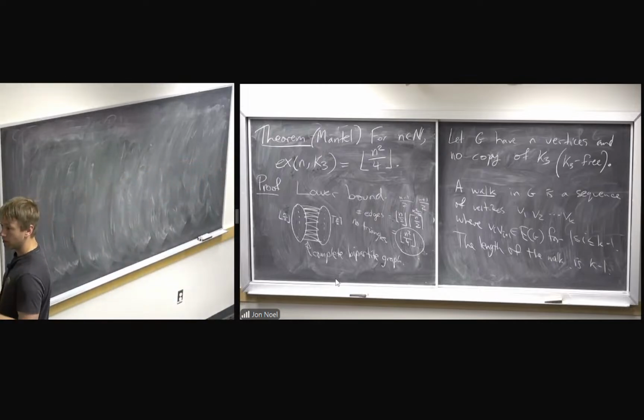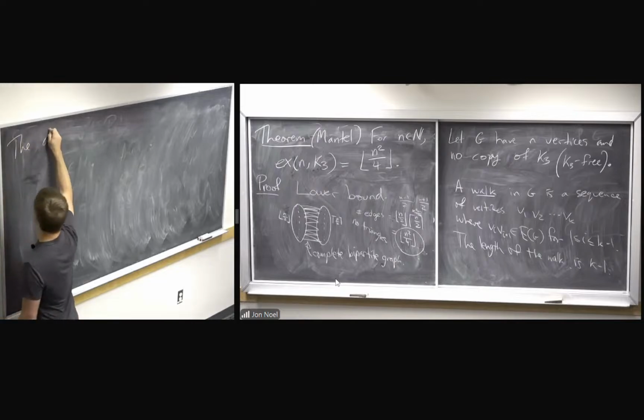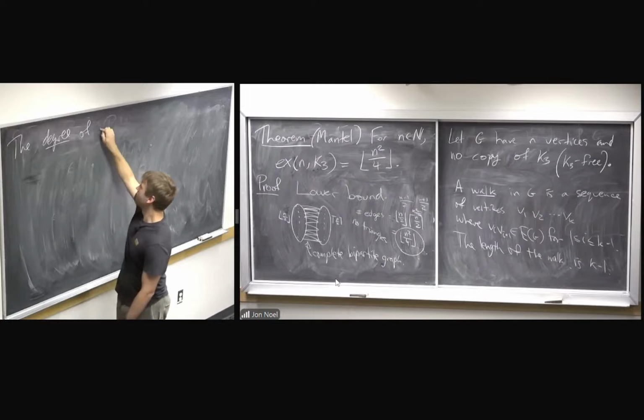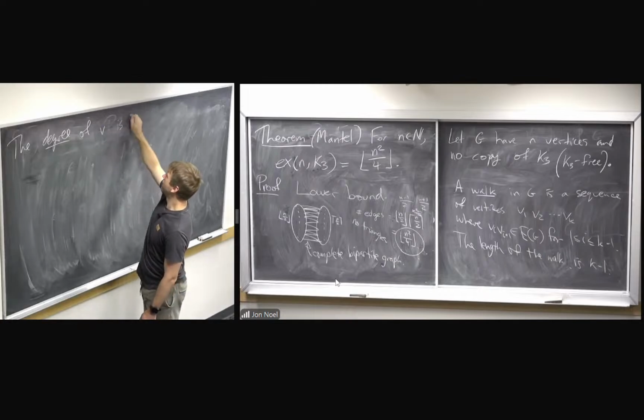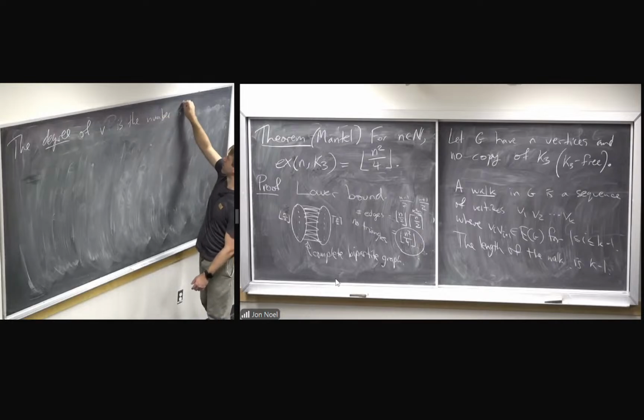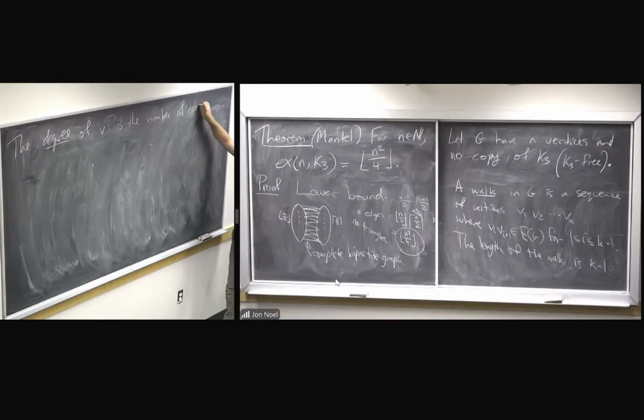So for the first way of counting these walks, I need the concept of the degree of a vertex. So the degree of v is the number of edges that contain v.